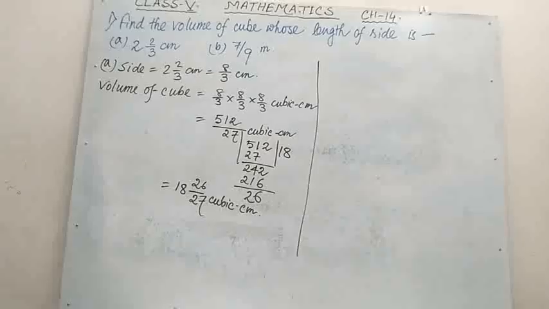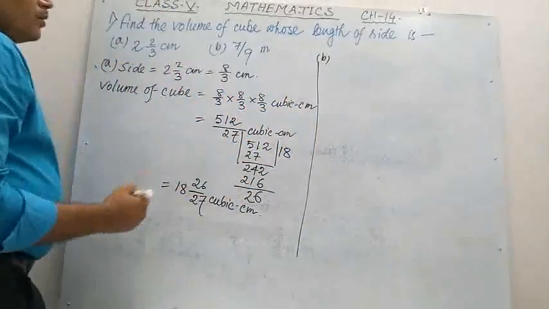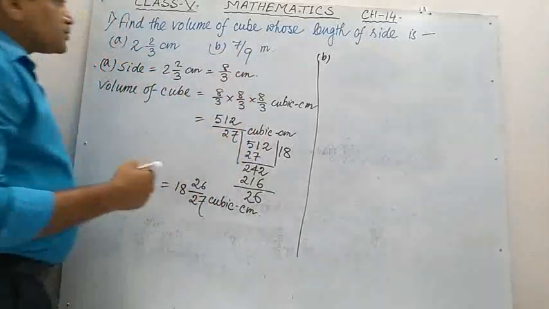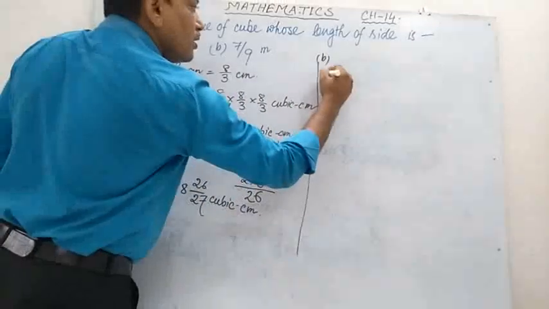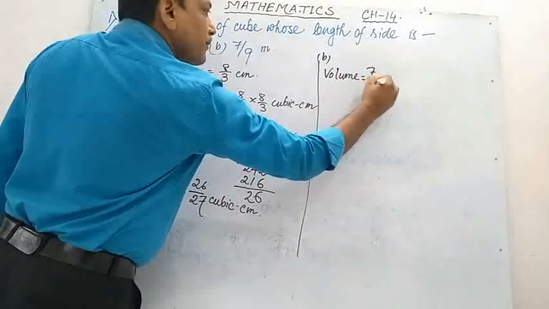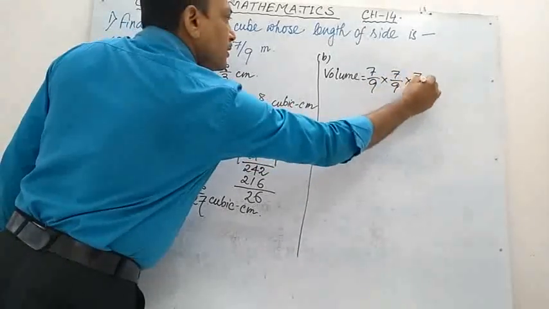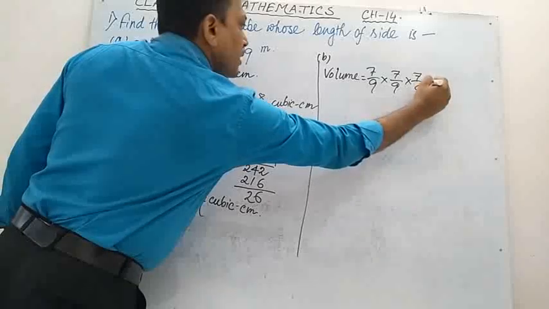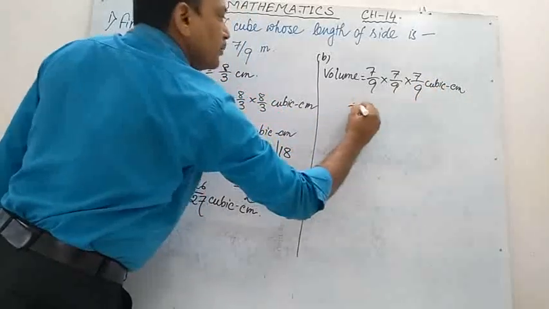Now to the next one, number B. Here length of side is 7 by 9 meter. So what is the volume? Equals 7 by 9 into 7 by 9 into 7 by 9 cubic meter.